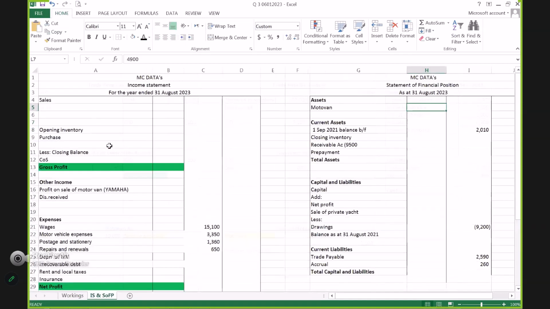Therefore, income statement opening inventory 4,900. Opening inventory is transferred to the calculation of the capital, 4,900.